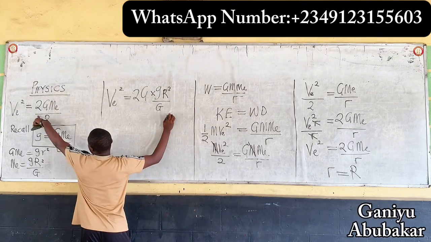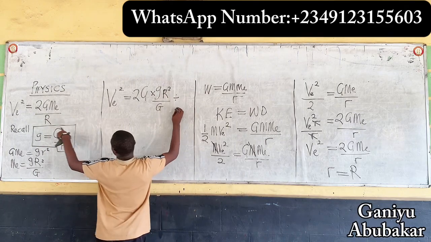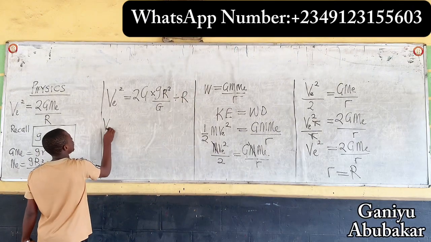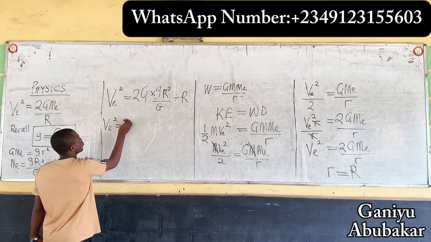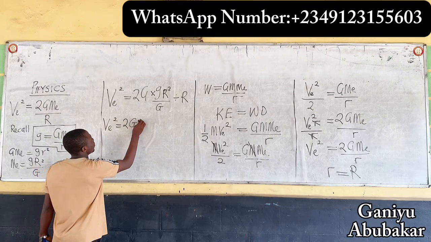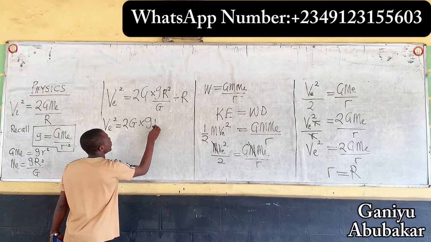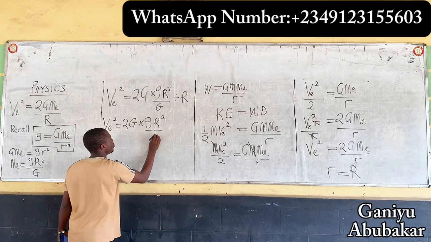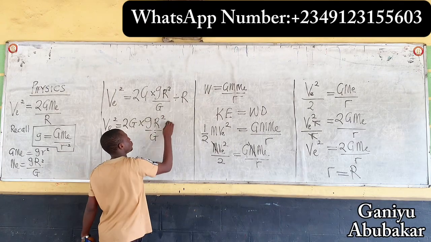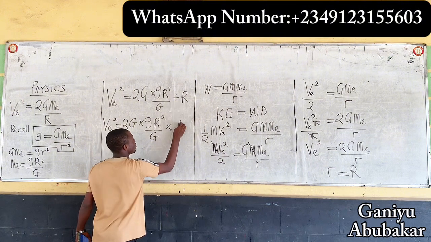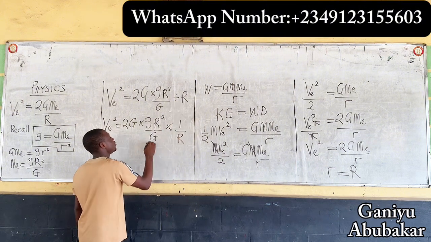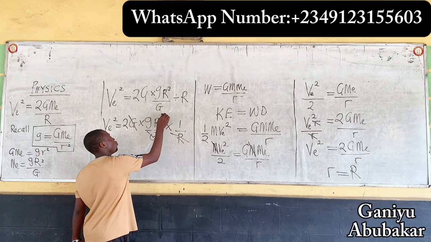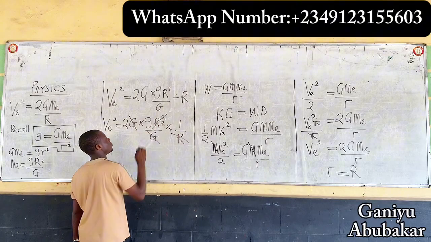Next up, divided by R, I have R. Next task here, I'll have that Ve squared is equal to 2G times gR squared over G. This division comes to times and invert 1 over R. This G will cancel this G. This R will cancel one out of it. I'll be left with one R.